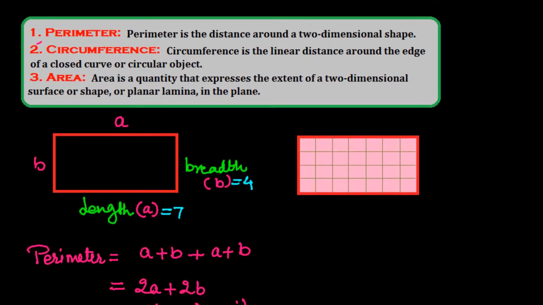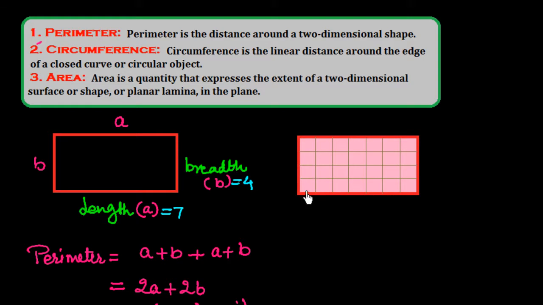Now I would like to explain the area. Area is a quantity that expresses the extent of a two-dimensional surface or shape, or a planar lamina, in a plane. Here you see a rectangle, and I have made some square compartments in this figure.